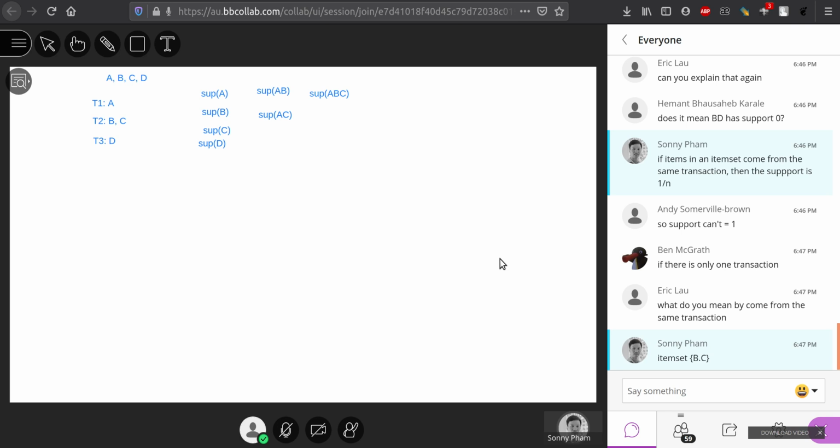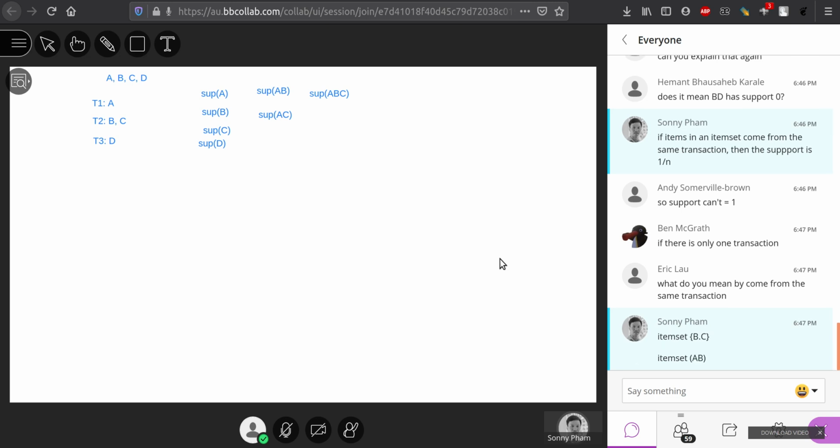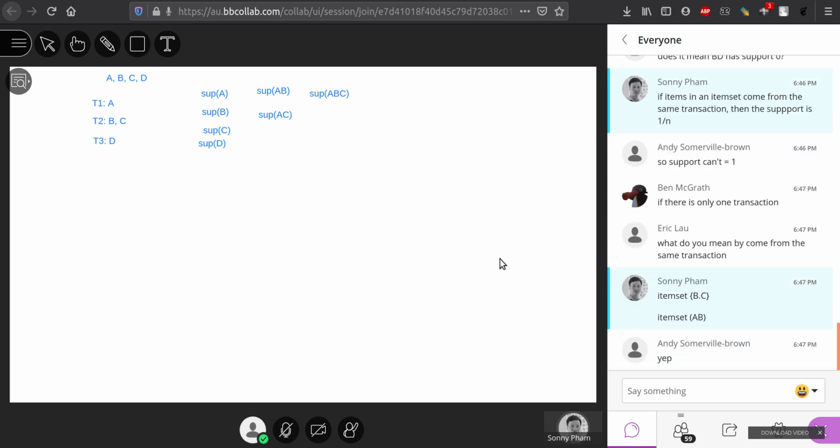But if we have an item set, say AB, because A comes from transaction 1 and B comes from transaction 2, the support of this is equal to 0, because you have non-overlapping transactions. All right, does it make sense? Is it clear to everybody? Okay, so I hope it's clear.